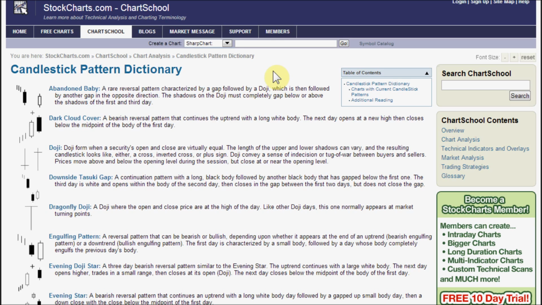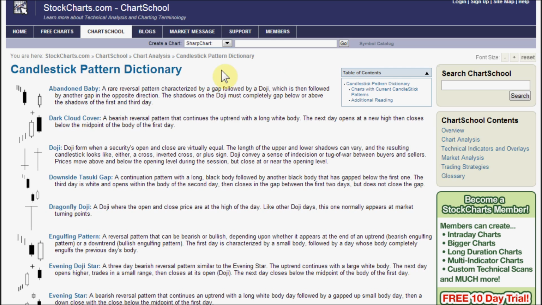So you're actually looking at 3, 4, or 5 days, and that's meant for swing traders. If you're a short-term trader, the single candlestick reversal signals work very well, like hammers at bottoms and shooting stars at tops. They work on 1 minute, 5 minute, 15-minute charts, hourly charts, and daily charts. So that's the difference.